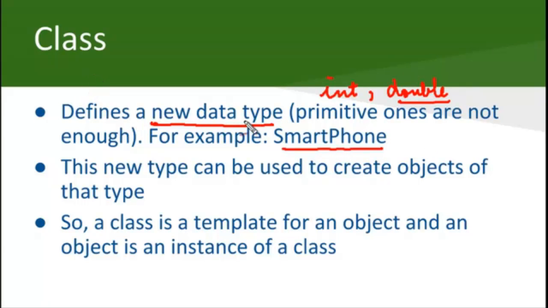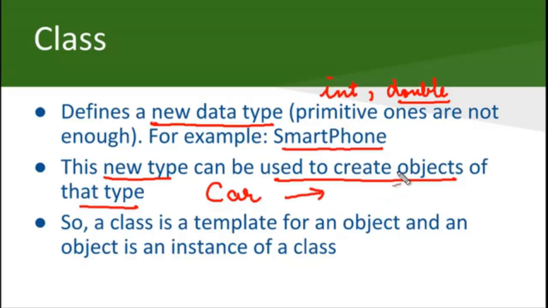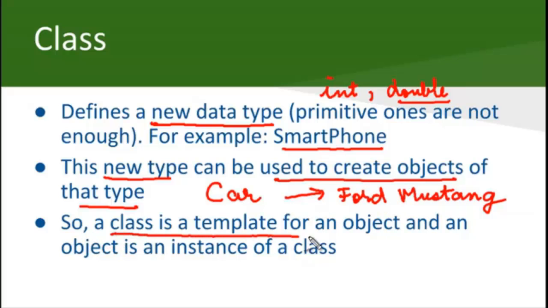So a class creates a new data type, and this new data type can be used to create objects. For example, if we have a class car, we can have a Ford Mustang as an object, or we can have any other car as an object, and these are the objects of that type. So a class is basically a template of an object, and these objects are instances of the class.